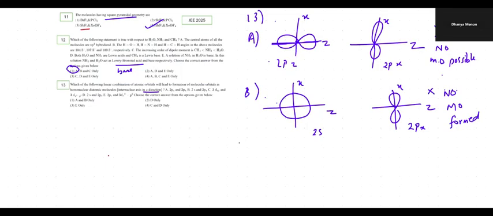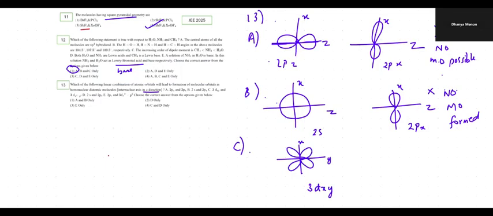Now C is 3dxy. In 3dxy, this is y and this is x. The double dumbbell looks something like this in 3dxy.